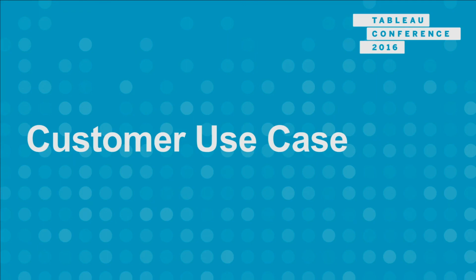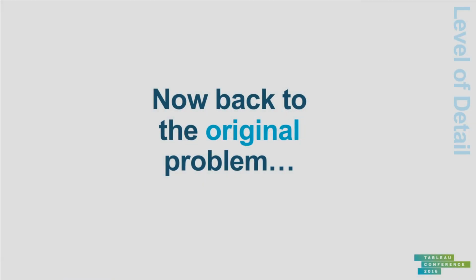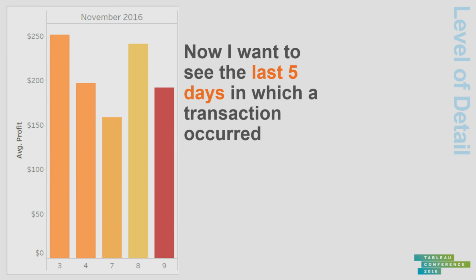All right. So now we're going to go back to the original problem that started this entire session. So just to remind everyone what that problem even was, right? I want to see the last 5 days in which a transaction occurred. In order to do this, we need to check if the database has data, and if it does, look for the next time that happens and do that 5 more times.